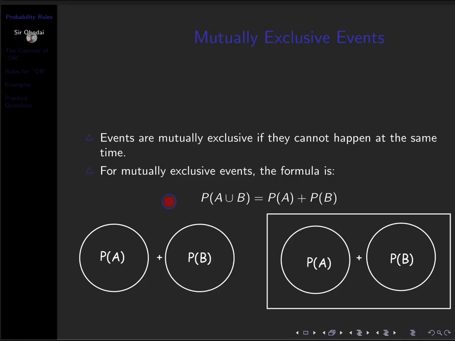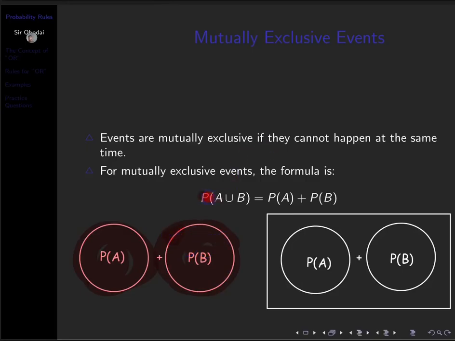Hence, if you want A or B, when two events are mutually exclusive, then we just add the individual probabilities of both events. Easy. So we have this event over here, and we have this event also over here. Now we want the probability of A or B occurring.